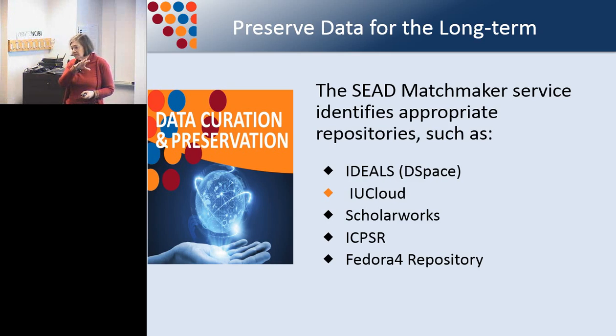A copy of it resides in SEAD in the project space. And at the same time, it's kind of trying to nudge the repositories to think about having a broader range of tools for researchers to actually do something with their data.